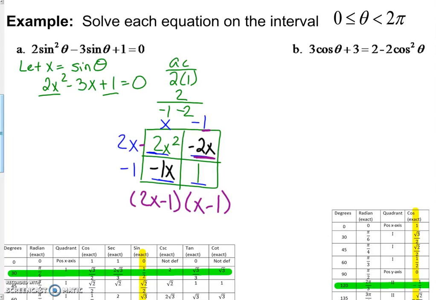If you're doing it by factor by grouping, remember we are replacing our middle term. We're taking out that 3, and we're replacing it with the negative 1x and the negative 2x. Everything else is going to stay the same, so we're just replacing the negative 3. Then factor by grouping, you're grouping the first 2 and the last 2. The first 2 have x in common, leaves me with 2x minus 1.